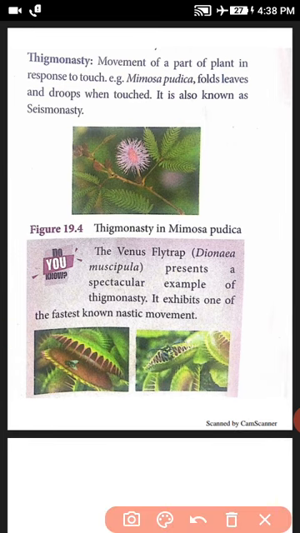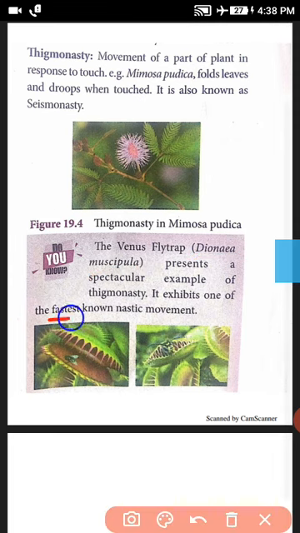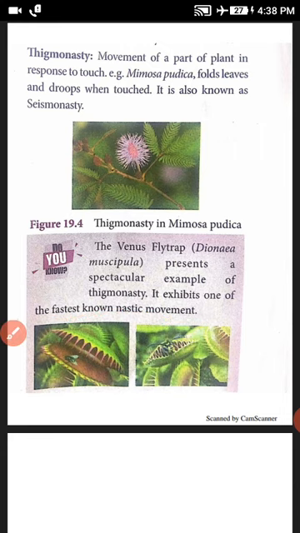Next, the Venus flytrap, Dionaea muscipula, which has a receptacle, is an example of thigmonastic. It is the fastest known nastic movement.